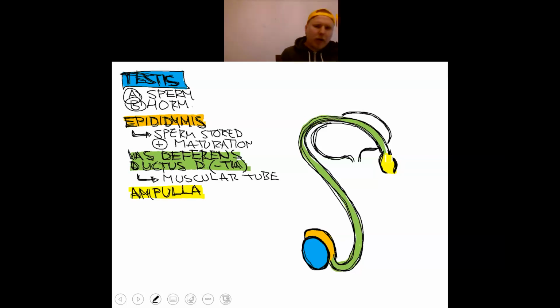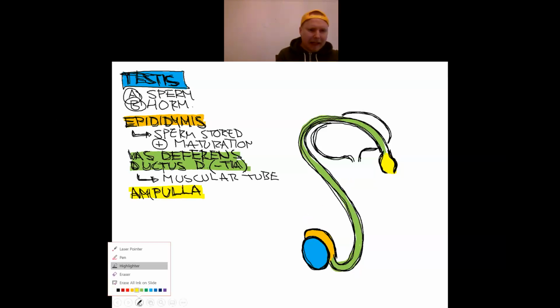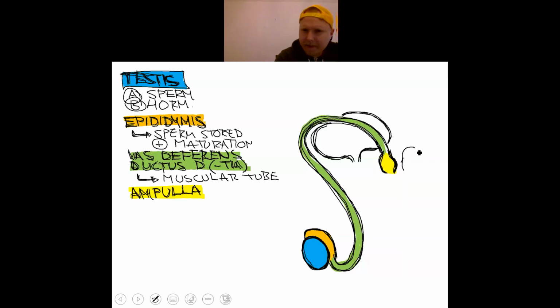Okay, what I want to do next, now we're moving away from simply having these tubes in addition to the testis. We're actually adding our first accessory gland. And the first accessory gland is going to be located here, posterior to the structures that we have just seen.